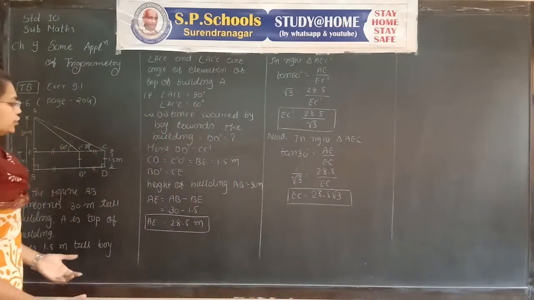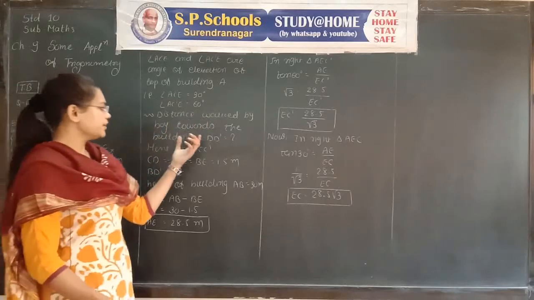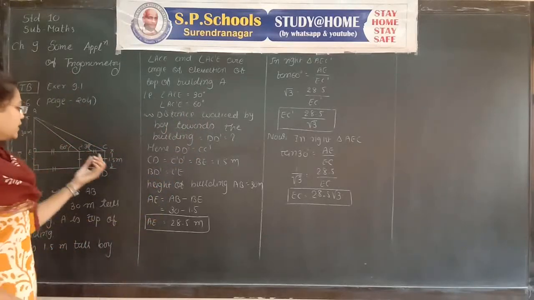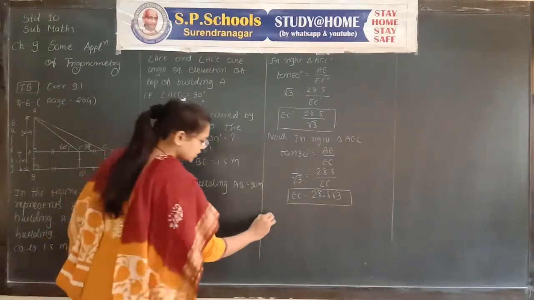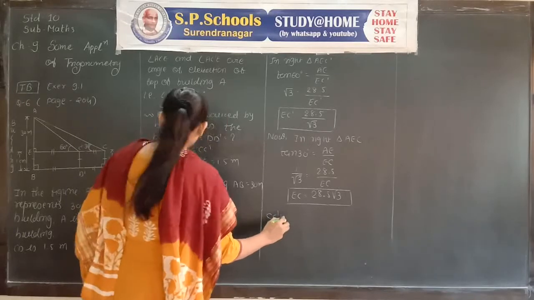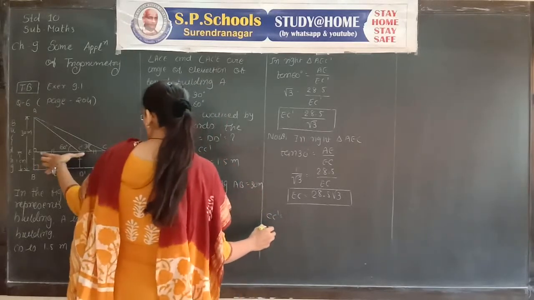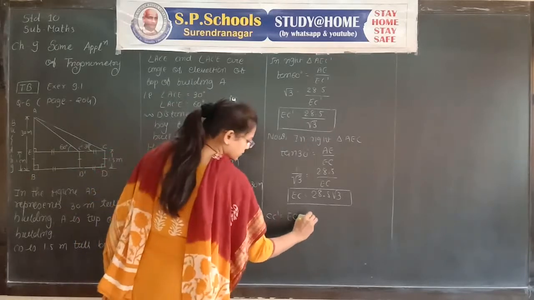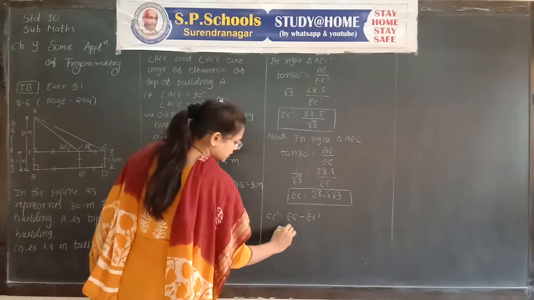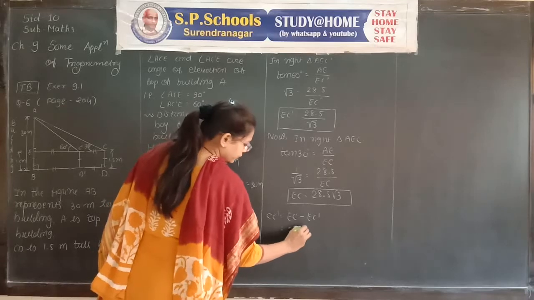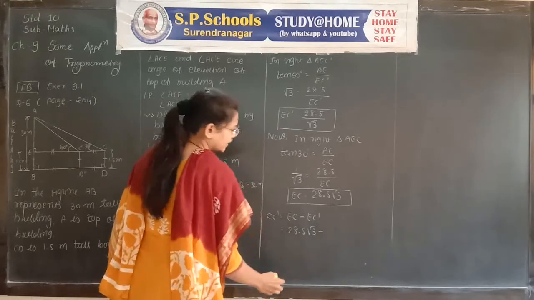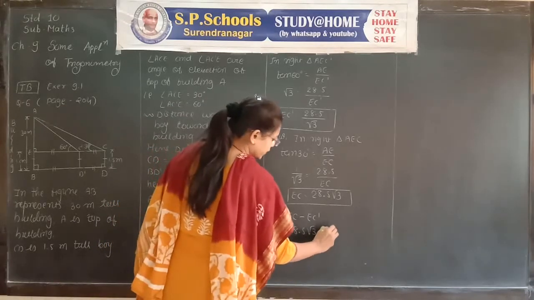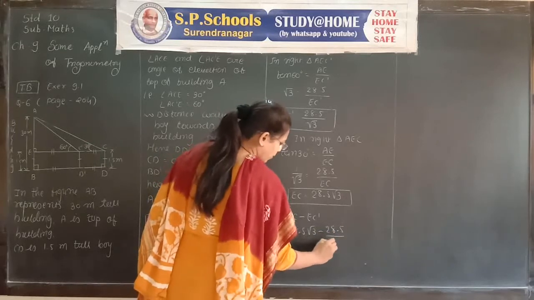Now finally, to obtain the distance walked by the boy towards the building, which is CC dash, equals total EC subtract EC dash, where EC equals 28.5 root 3 minus EC dash equals 28.5 upon root 3.